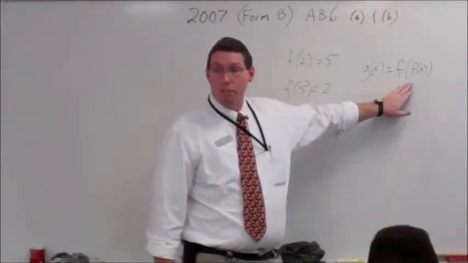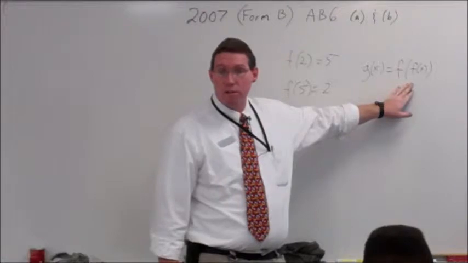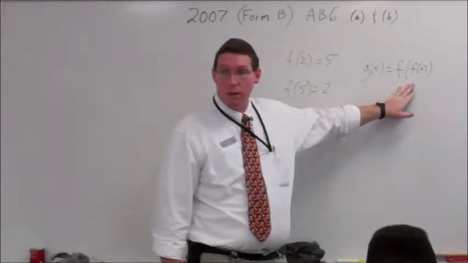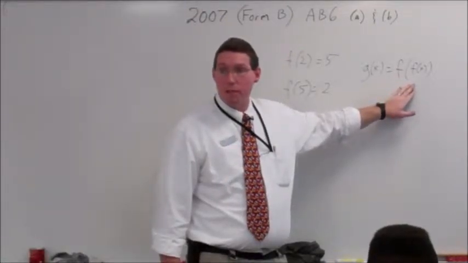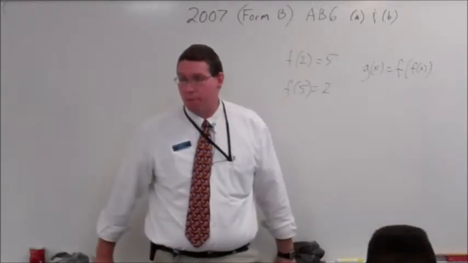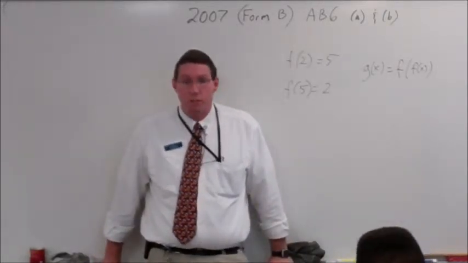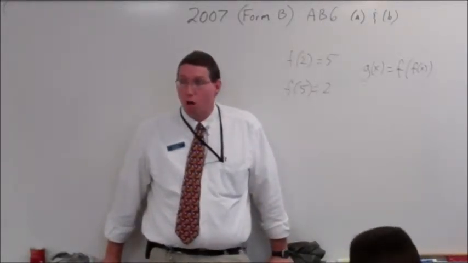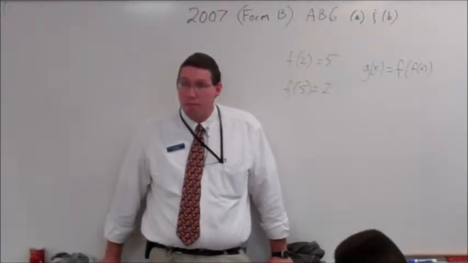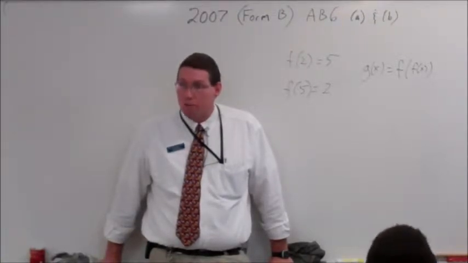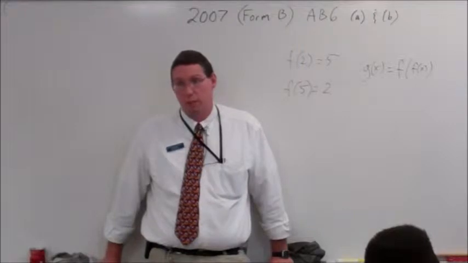Because it is a composition of functions that are twice differentiable. You may not remember that from when we did the chain rule, or when we did differentiability, but if two functions are differentiable and you do a composition of those functions, the composition itself is also differentiable. You may or may not remember that, but you've got to go back to 4.2.